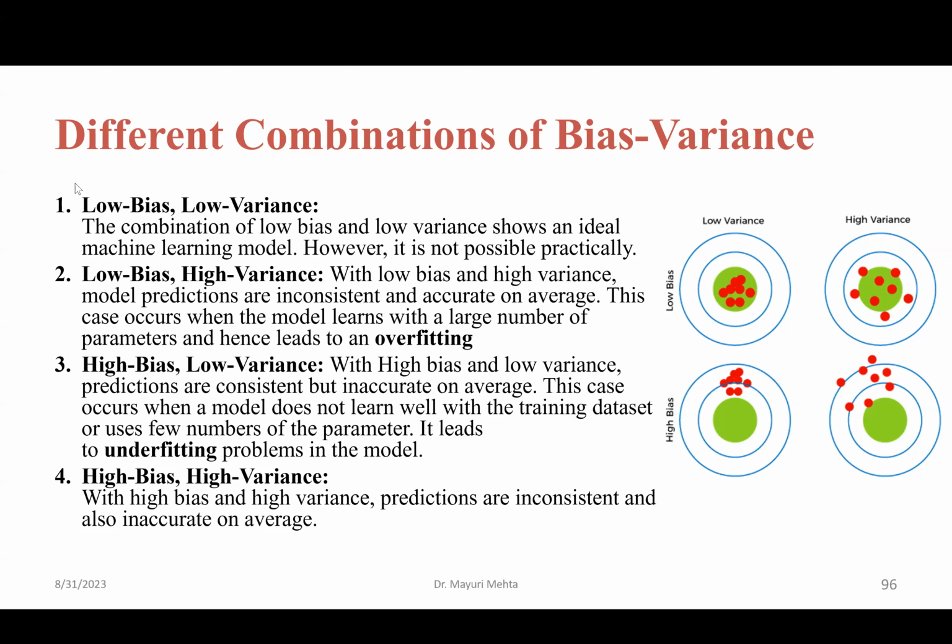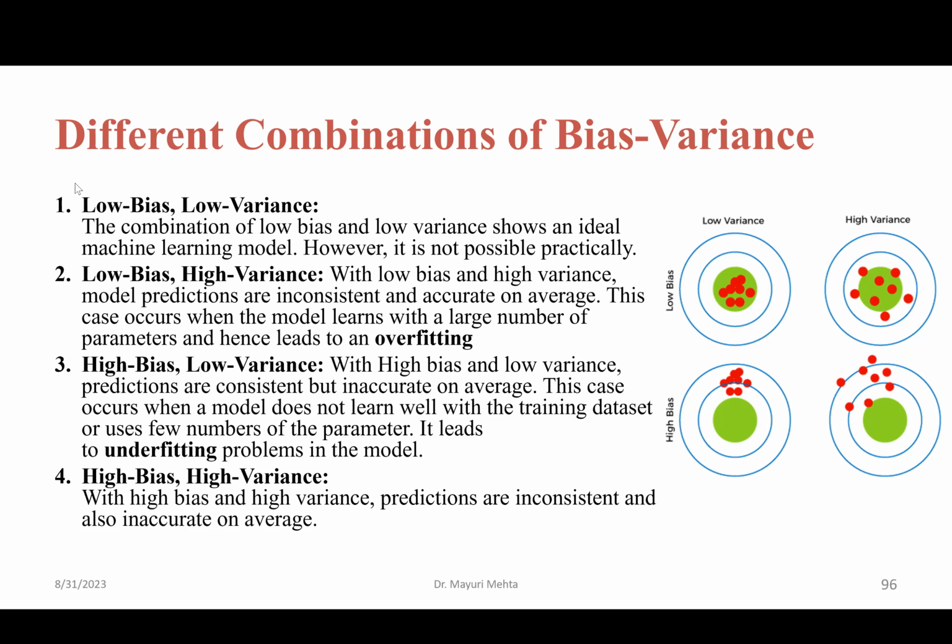Sorry, low training error and high testing error. And high bias can be identified if the training error is high and the testing error is almost similar to the training error. Then we can identify high bias in the model.